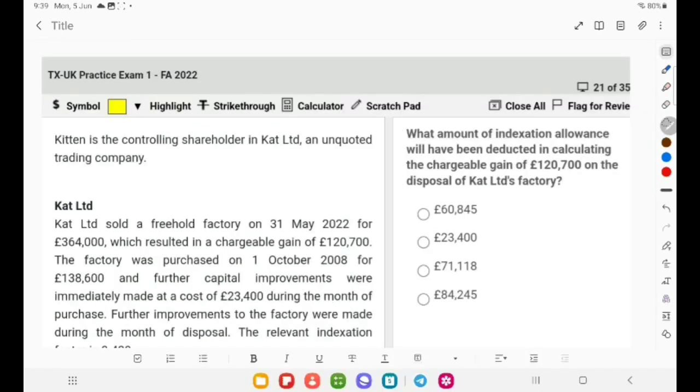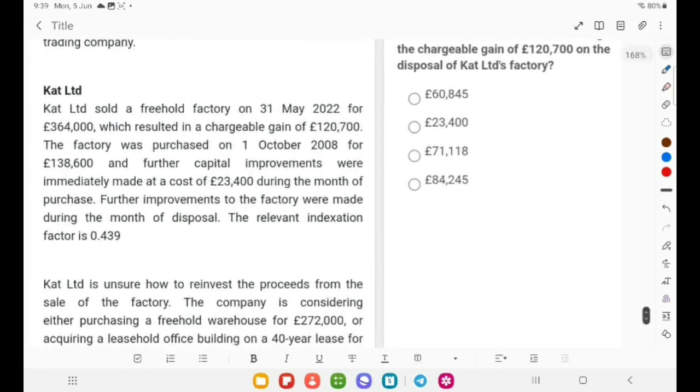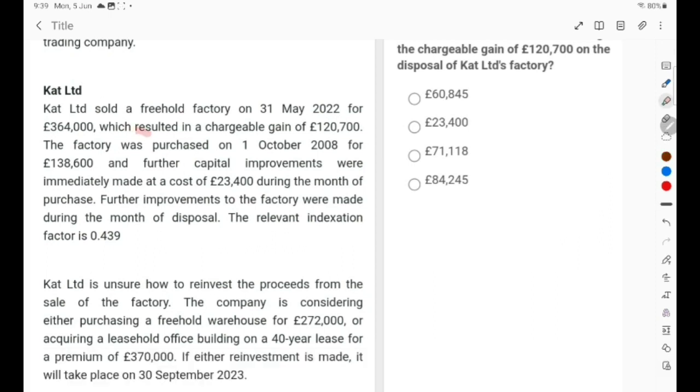Next question of section B is, Kitten is controlling shareholder in CAT Limited, an unquoted trading company. CAT Limited sold a freehold factory on 31st May 2022 for 3,64,000, which resulted in a chargeable gain of 1,20,700. The factory was purchased on 1st October 2008 for 1,38,600, and further capital improvements were immediately made at a cost of 23,400 during the month of purchase.